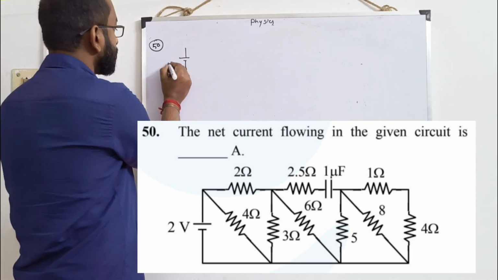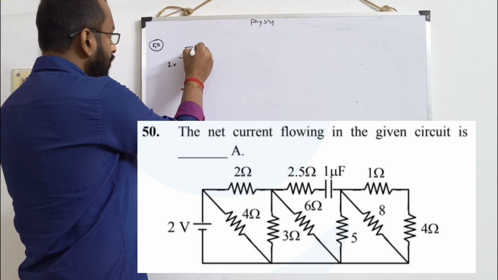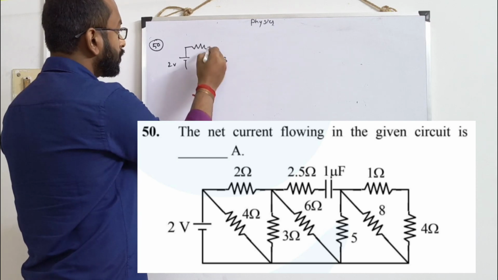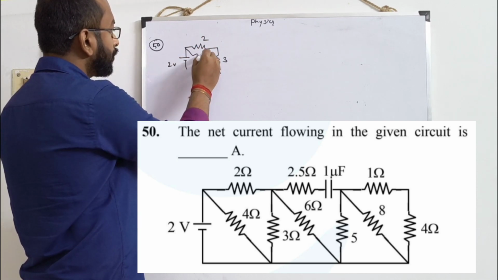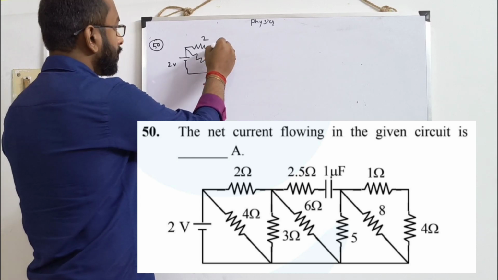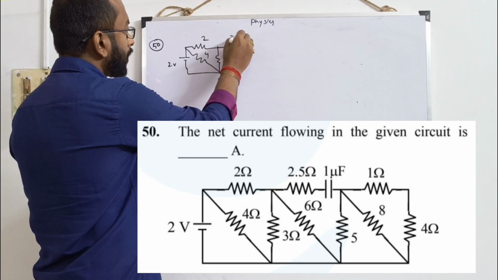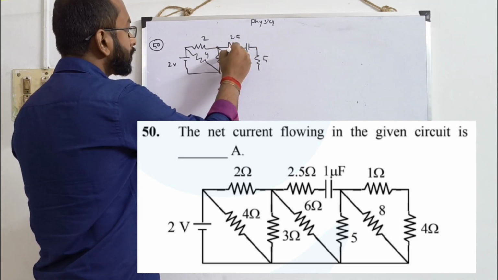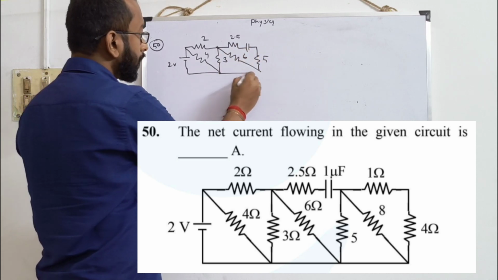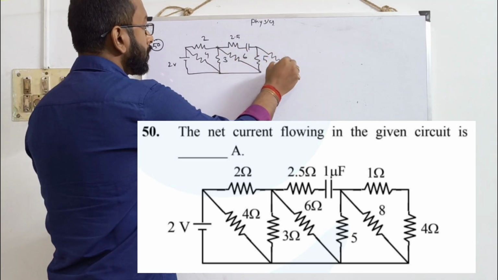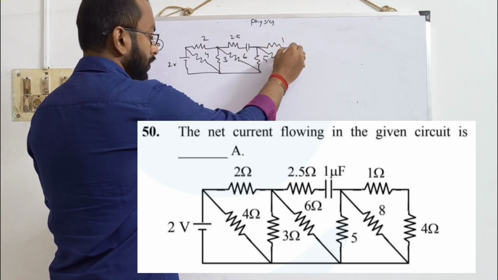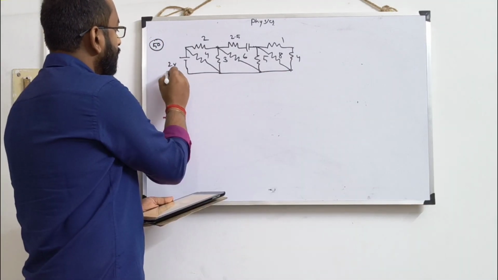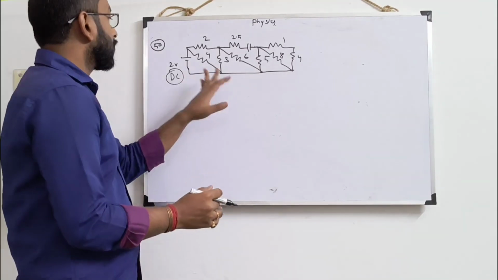Okay, total current flowing in the given circuit. 2 volt, 2 ohm, 4 ohm, 3 ohm, 2, 4, then 2.5, there's a capacitor, 5, 6, it is directly connected, shorted, 8, 1, 4, and this current is DC. So we have to find out the total current flowing in the circuit.